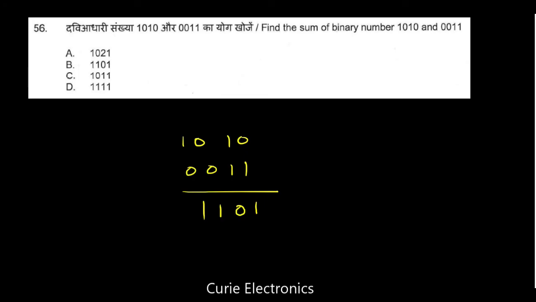So it is 1101. Or else, we know 1010 equals 10 and 0011 is 3, so we get 13. To write 13 in 4 bits, we need 8 plus 4 plus 1, which is 13 to the base 2.